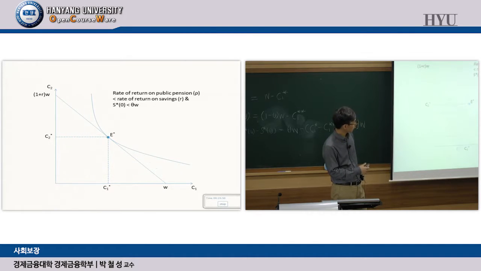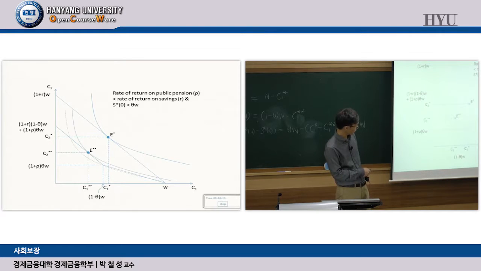Now, let's look at the case where the individual was saving less than theta W. We have pretty much the same diagram, but now theta W is much bigger than C1 star W. Then this individual will choose E2 star. What is the difference?